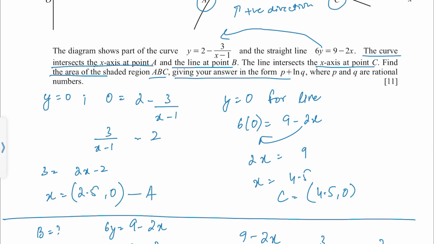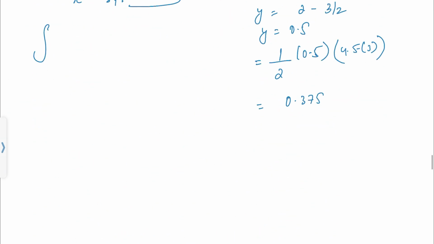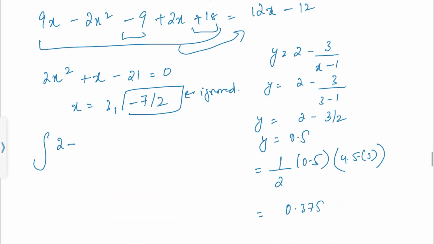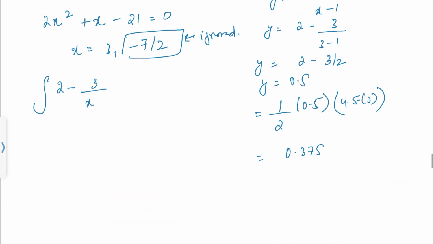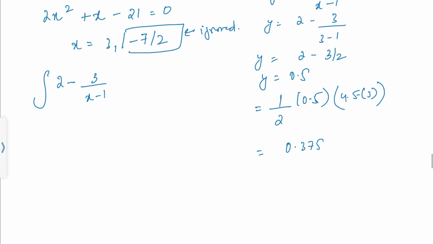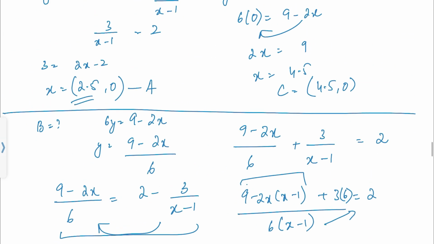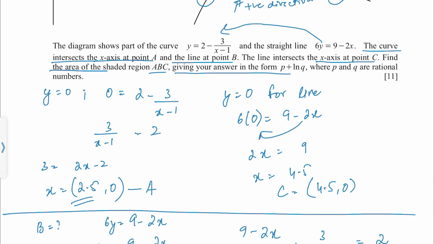this would be calculated by using the integration formula. So this would be 2 minus 3 over x minus 1. The limits would be 2.5 and 3.